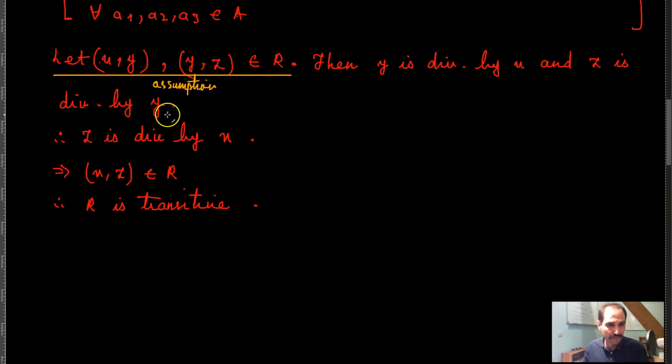So far we have no problem. Now, based on what we have here, we have concluded that z is divisible by x, meaning that if y is divisible by x and z is divisible by y, then we can conclude that z is divisible by x. So how can we make that conclusion?